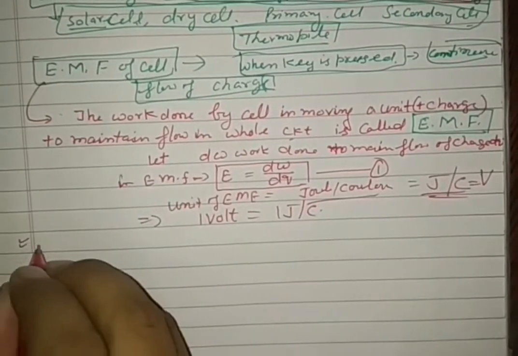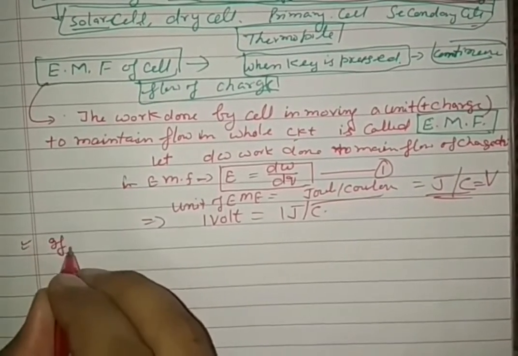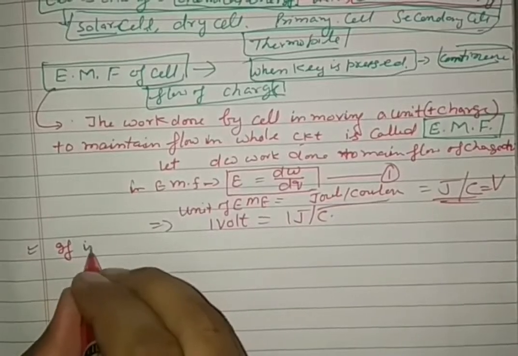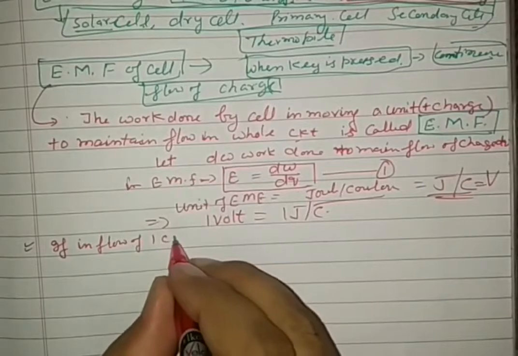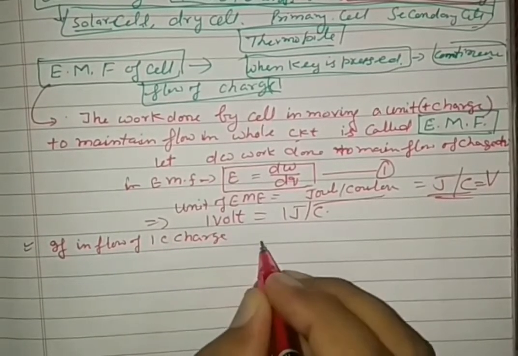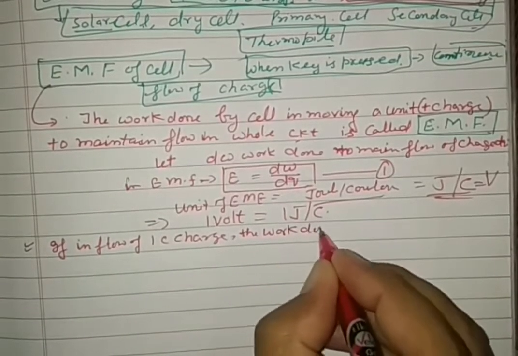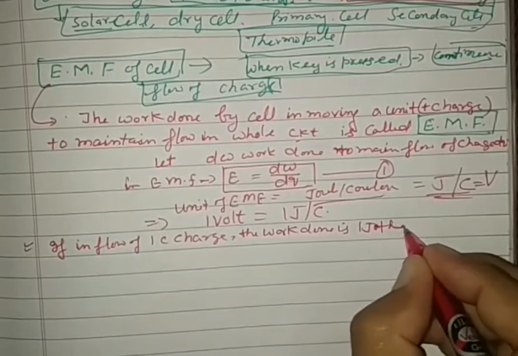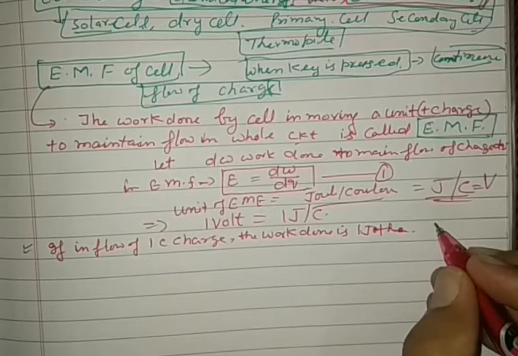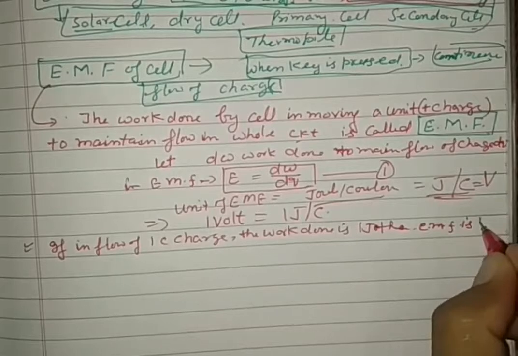So one more definition we can say: if in the flow of 1 coulomb charge, the work done is 1 joule, then the EMF, electromotive force, is 1 volt.